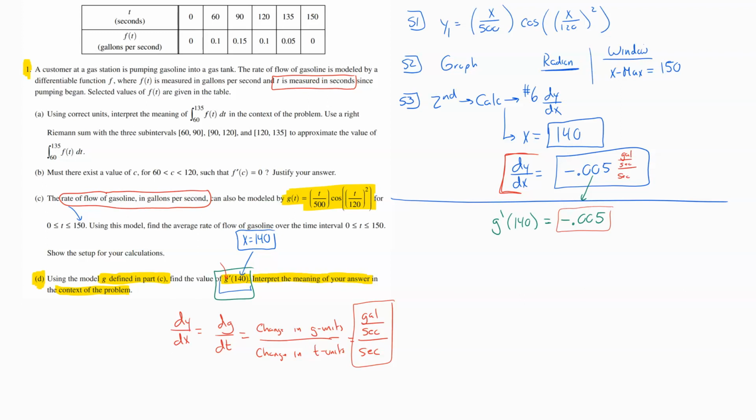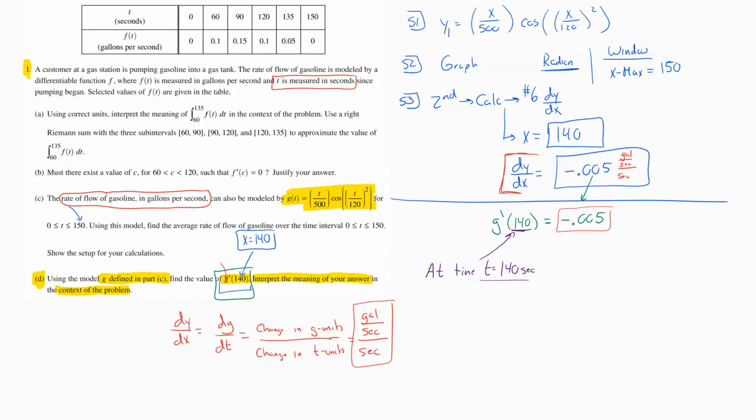Now when we interpret this, you just work your way left to right through it. You say, at time t equals 140 seconds, whatever your x value is, that's what you start with.